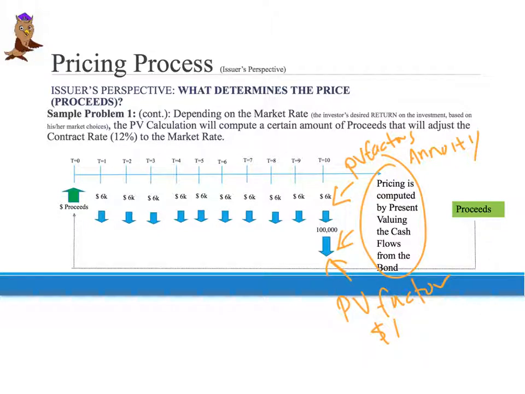In a separate lesson, we will talk about the actual mechanics of that. Here, you're going to get a good gist for it, but it's not the time to talk about details. So if we take that concept of present value and apply it to these cash flows, then we're going to be able to get what the price is. The proceeds are going to be paid by the investor at the beginning of the issue, at the time of the issue.